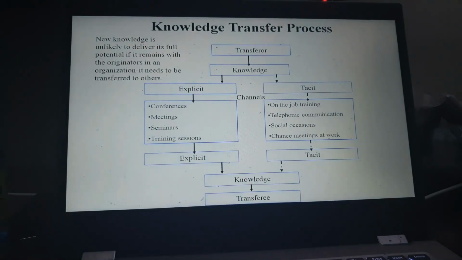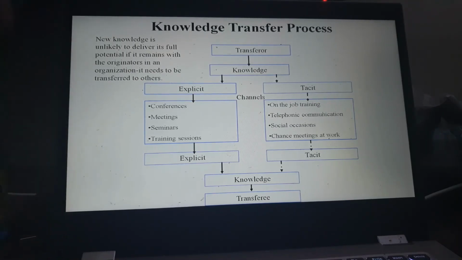So the knowledge transfer process begins with the person who is transferring the knowledge. We call it the transferer. They hold knowledge, and that knowledge may be explicit or tacit. Now, for explicit knowledge, the channels of transfer are like conferences, meetings, seminars, training sessions.